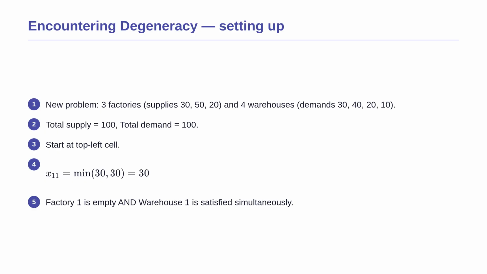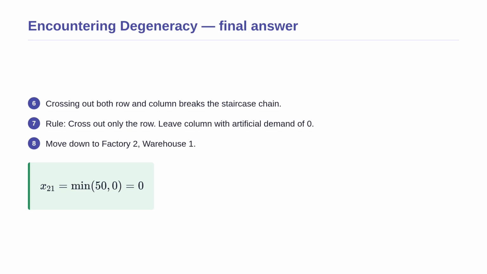But here is where the anomaly occurs. Factory 1 is now completely empty and Warehouse 1 is completely satisfied at the exact same time. If we cross out both the row and the column simultaneously, we will break the staircase chain and lose an allocation, causing degeneracy. To prevent the optimization math from breaking later, the standard rule is to cross out only one of them.